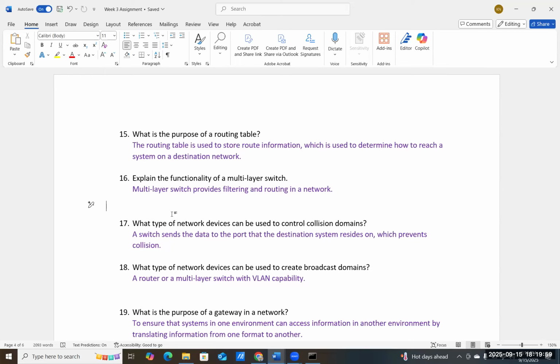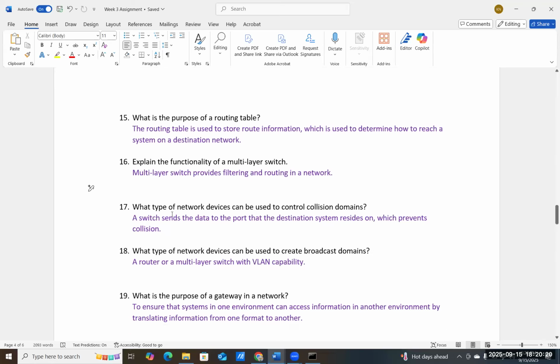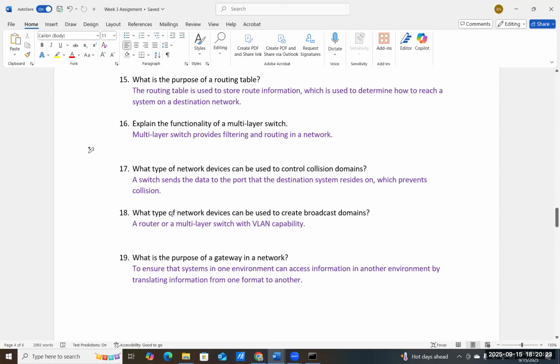That means it tells all the other systems about the network. So you would use a router or a multi-layer switch with VLAN capability. These are the devices that create broadcast domains. And you would use a specific address, and we'll come back to that in a few weeks.